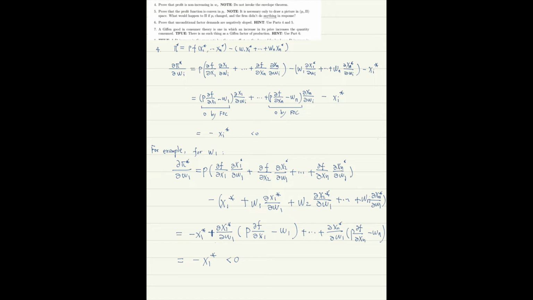We can cancel many terms using the first order condition. Finally, we obtain minus xi star, which is negative. So profit is non-increasing in input price Wi.